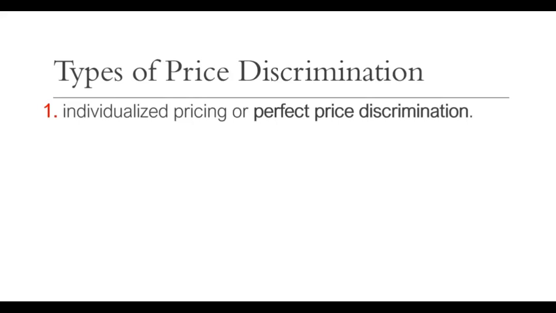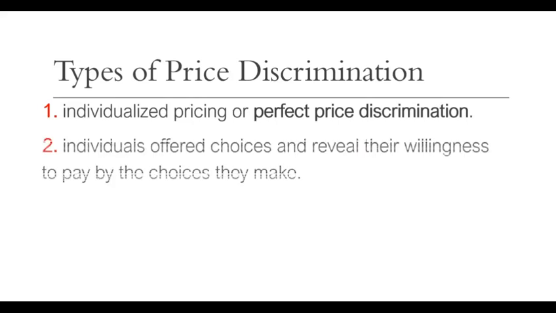Well, generally firms don't have that much information about people, so they might set up a situation where individuals are offered choices, and by the choices that people make, they reveal to the seller what their willingness to pay is.